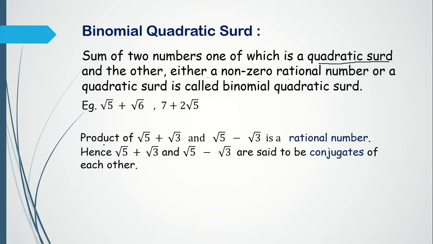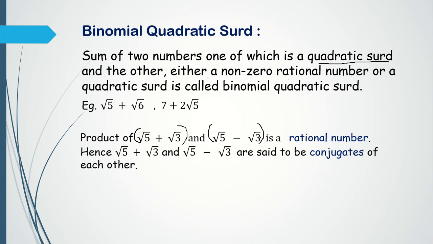Now next we come to what is meant by conjugates. Very important. The product of root 5 plus root 3 and root 5 minus root 3 is a rational number. And why is it a rational number? If we take the product of these two, this is a plus b, a minus b.